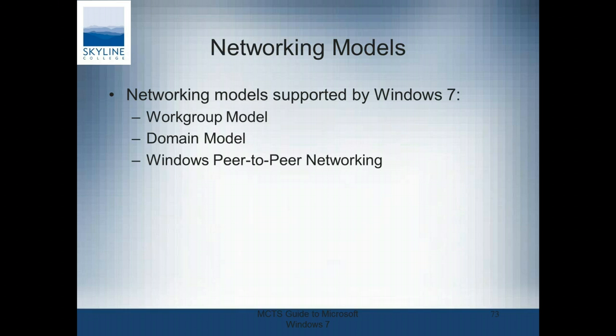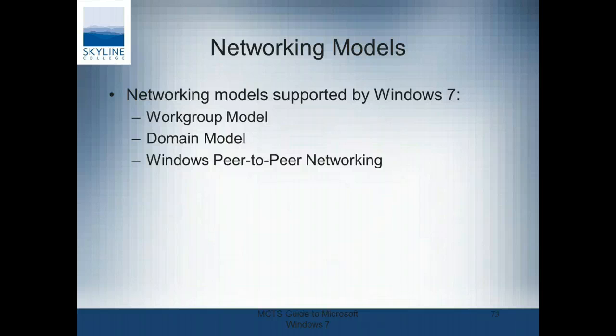The networking models, we kind of talked about these: work group, domain model, and peer-to-peer. Work group is a bunch of machines that all have the same administrative grouping name, and they can share information as long as every user has a username and password on every machine. Domain model is what we use here, a central authentication server that allows you to centrally manage it. Peer-to-peer networking, computer to computer, one-to-one typically.